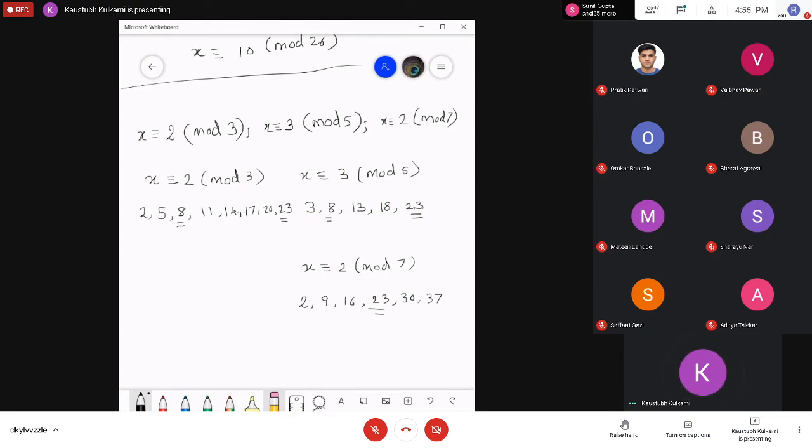Now this method works, but what if the numbers are large? Instead of 3, 5, and 7, if you have some larger numbers, then it will take a lot of time.